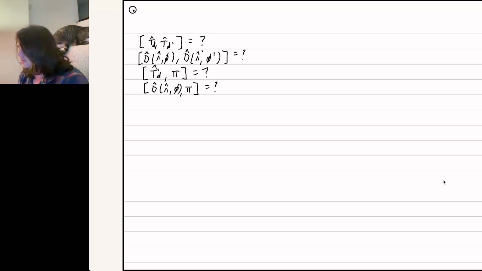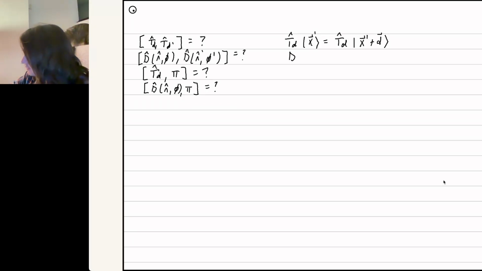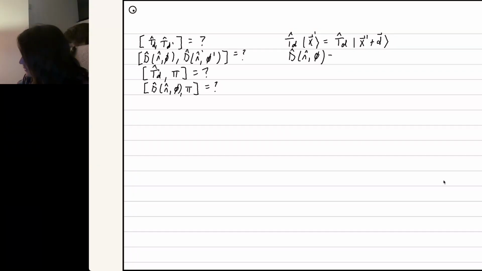T subscript D is a translation operator, which, when applied to quantum state x prime, will just move it forward a bit by a distance vector D. Big D of n and phi is a rotation operator, which, when you multiply it by quantum state x prime, will give you x prime prime.